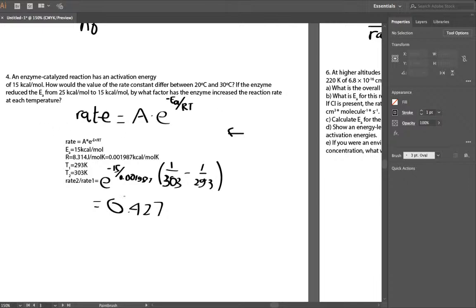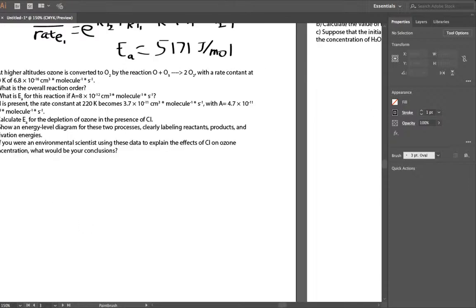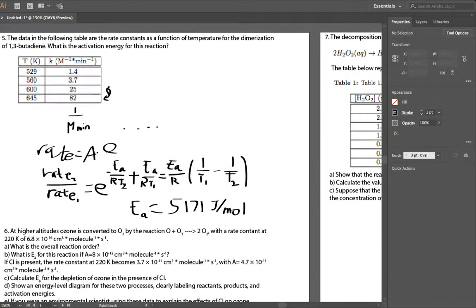For this guy here, I still don't understand. I made a mistake. Oh wait. Let's see. I still don't understand Arrhenius. Arrhenius should be some sort of those other things.